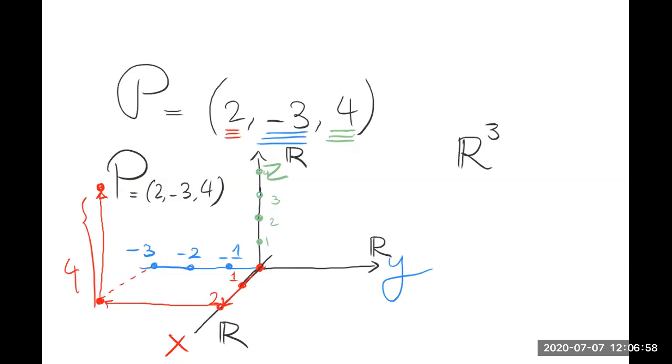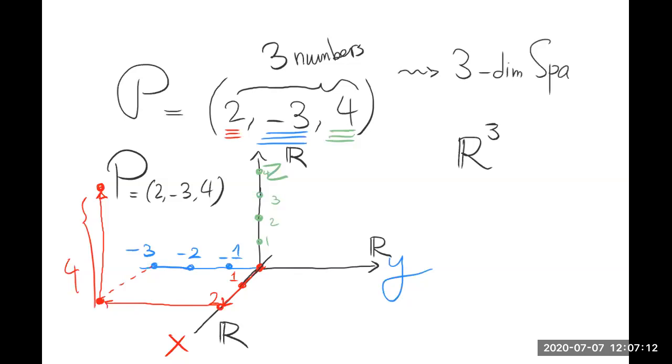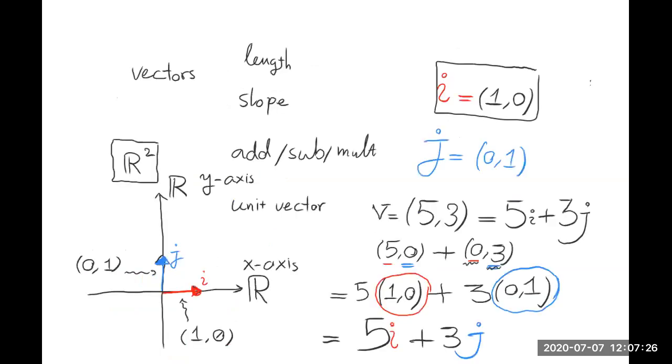And in order to locate any point, I need 3 numbers, right? That's what we mean by a three-dimensional space. We need 3 numbers to say where each point is, okay?